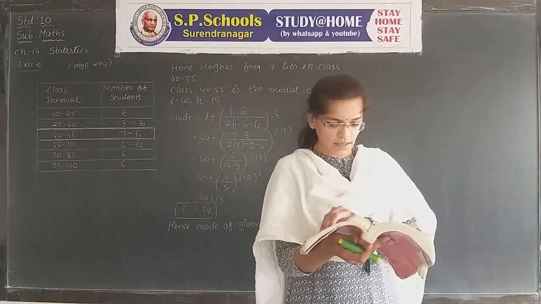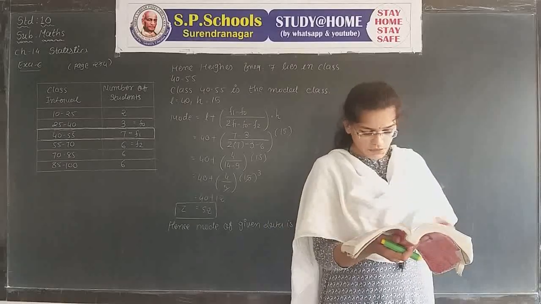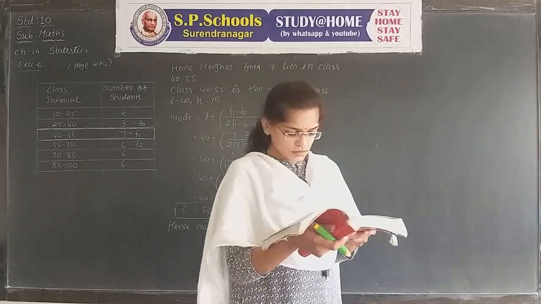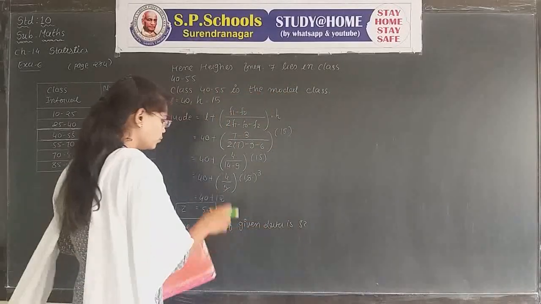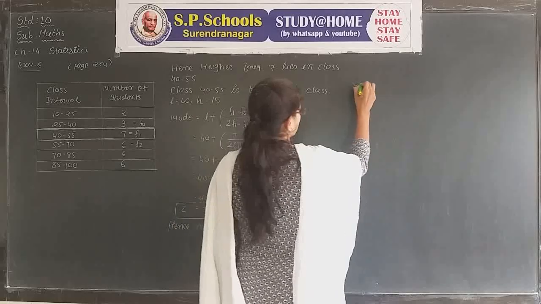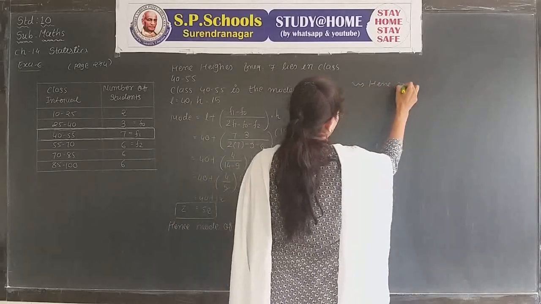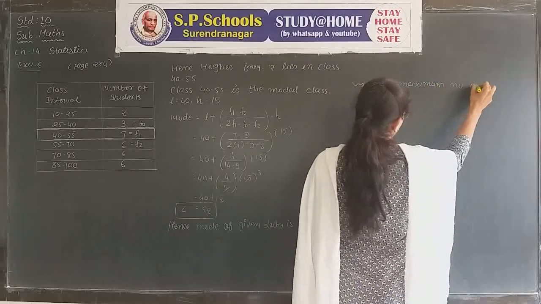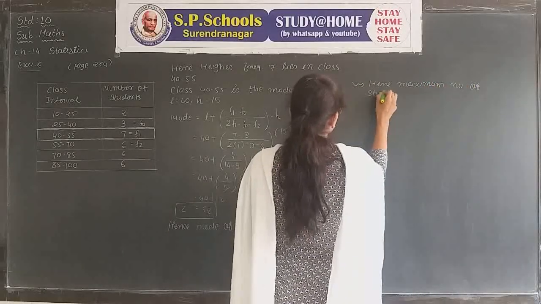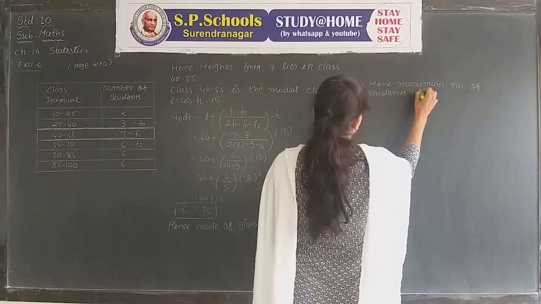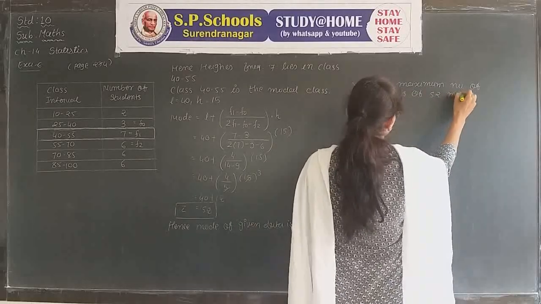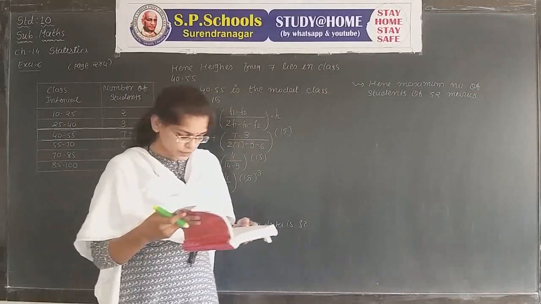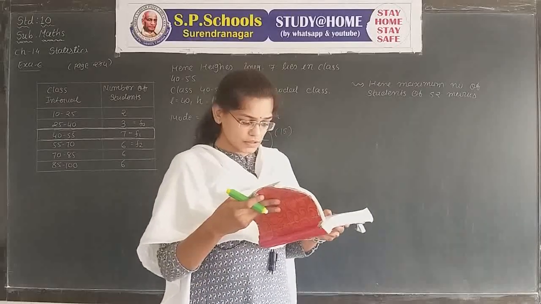Now open your example number 6 on page number 274. Here 52 is the mode, so the maximum number of students obtain 52 marks, and from our example number 1 the mean is 62.